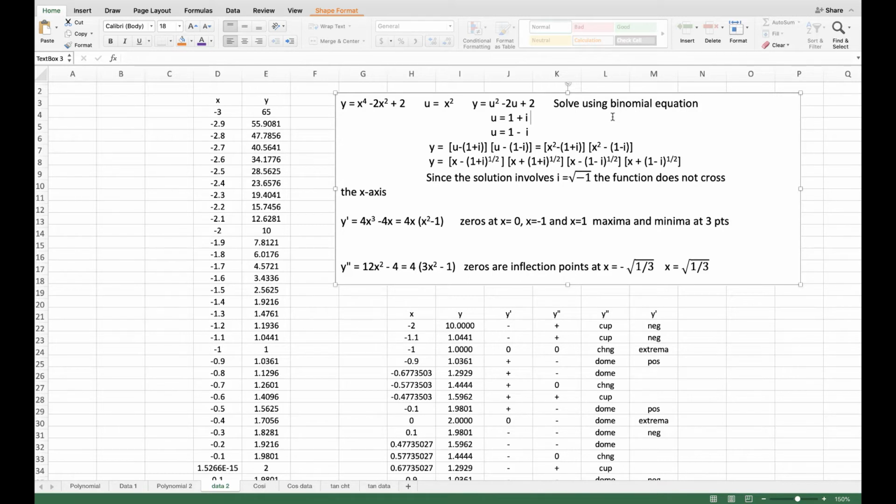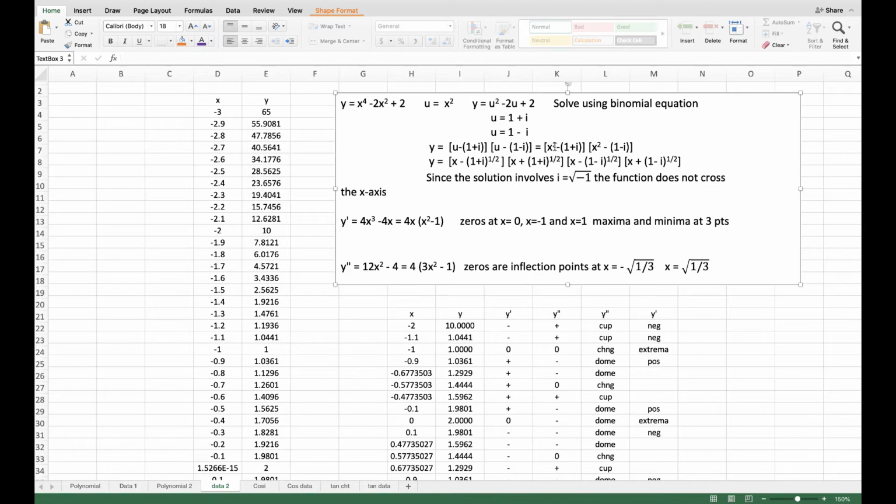And so that tells you something very interesting. That tells you that this function never crosses the x-axis because you have the imaginary number in the roots of the equation. And when you plug that solution back in to the function, this is what you get. You end up with u minus 1 plus i times u minus 1 minus i.